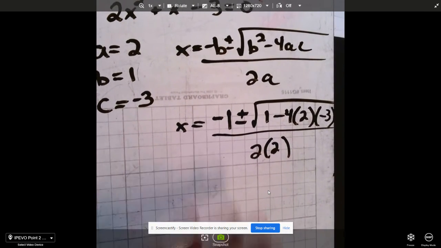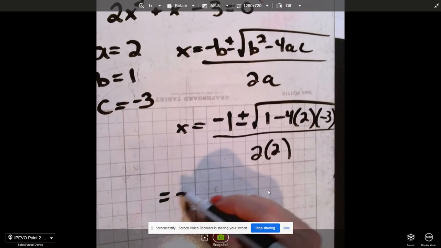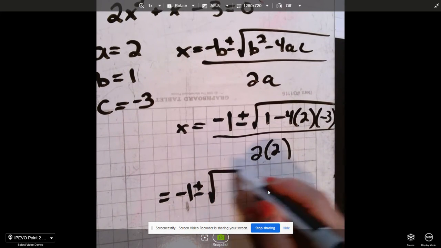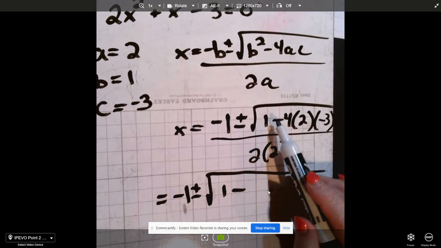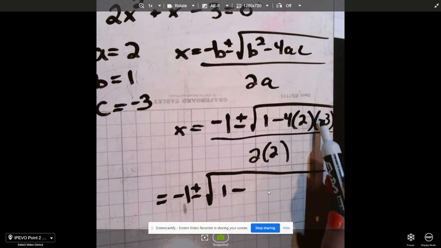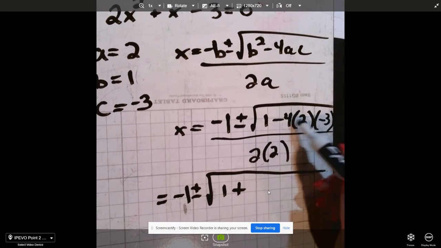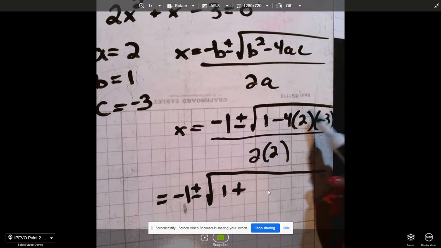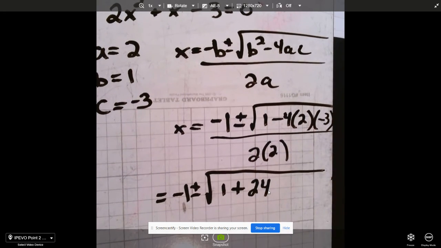Now that I've done that, I'm just going to simplify. So minus 1 plus or minus the square root of 1 minus, well, let's see. A negative times a negative will be a positive. So I know this will actually be positive. 4 times 2 is 8, and 8 times 3 is 24. So this will be 24.